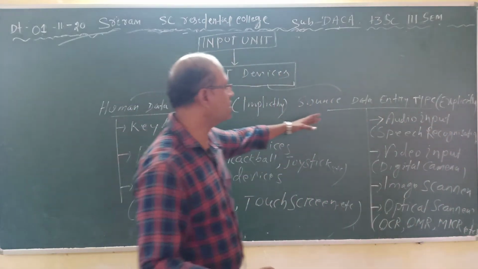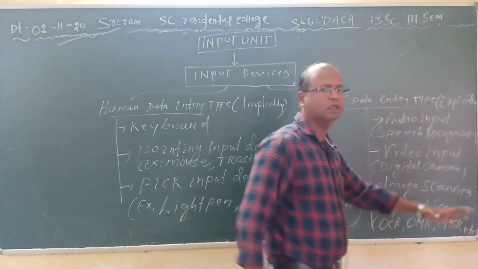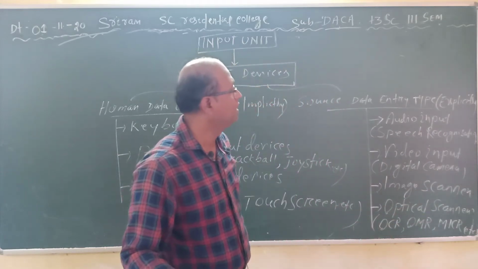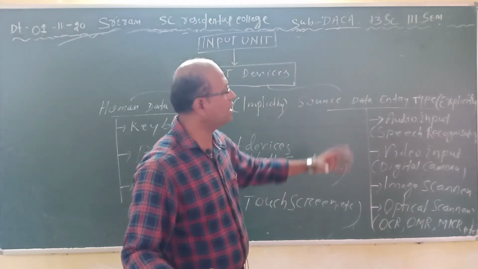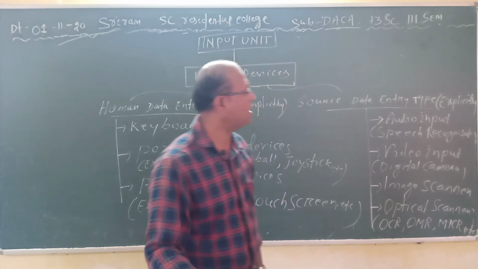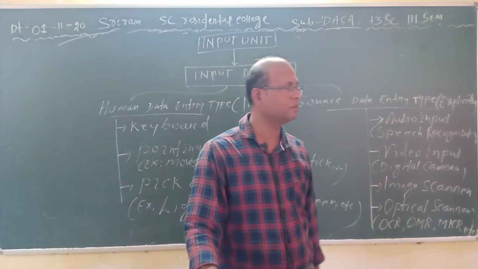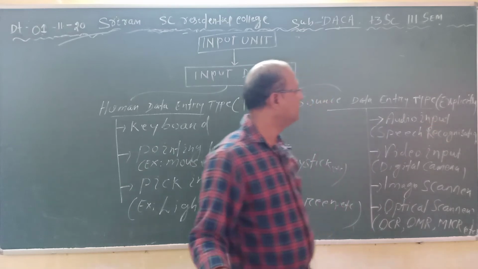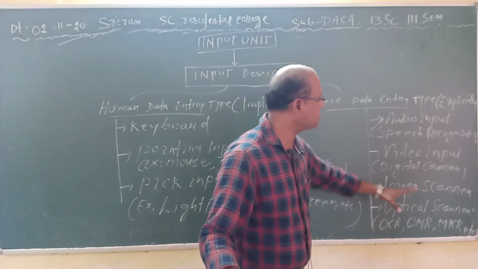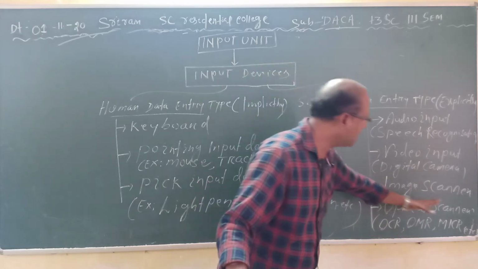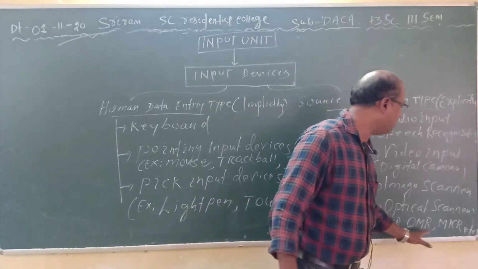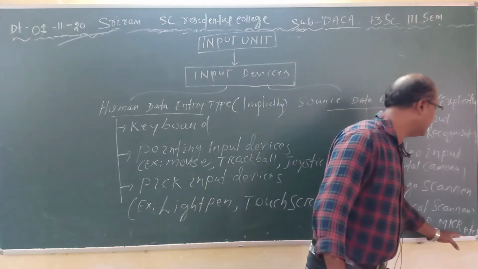Students, look at the source data entry type. I already told you the data is inserted into the computer system automatically, meaning there is no role of a human being at the time of entering the data. That is the audio input, speech recognition, video input, digital camera, image scanner, and some optical scanners like OCR, optical character reader, OMR, optical mark reader, and MICR, magnetic ink character reader.